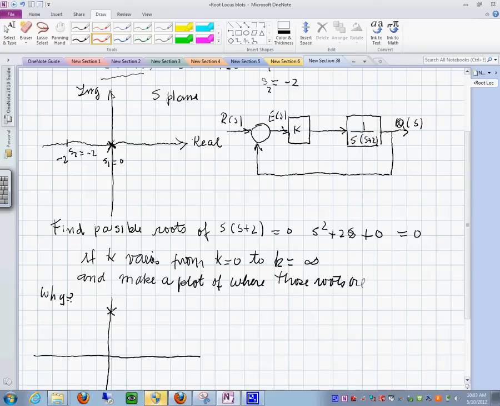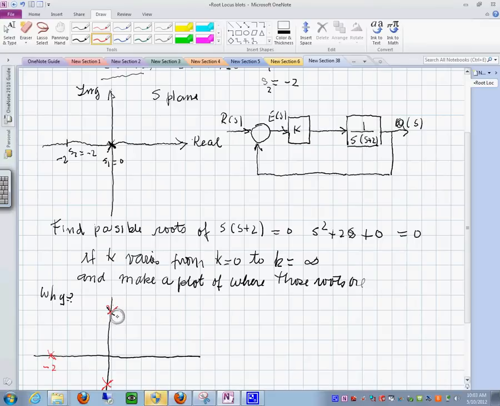When k is equal to 0, you have these roots, and then you have one that is in here, at -2, let's say.